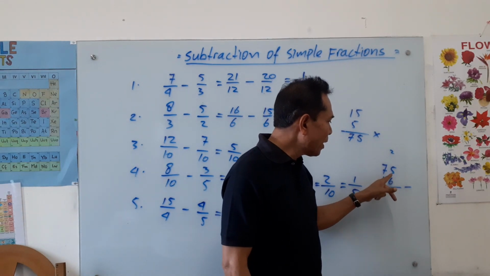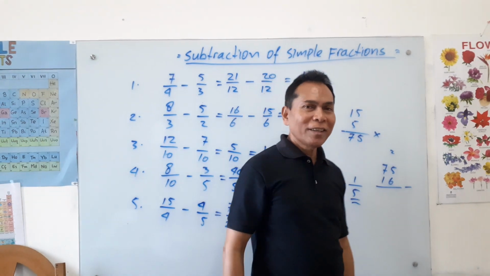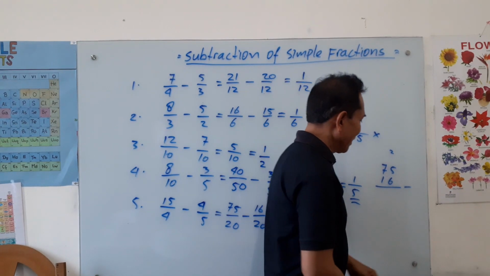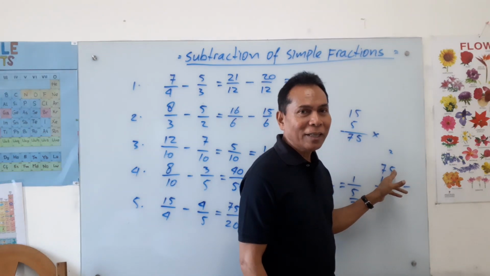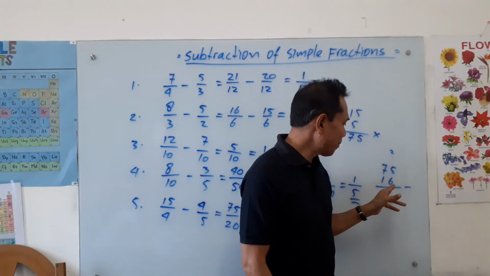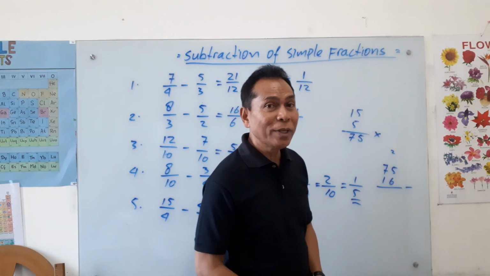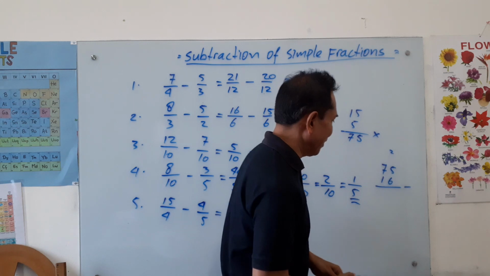So this 15. 15 minus 6 is, use your finger. If you want to use your finger, use your finger. Don't press the calculator. But remember that there is a number, if you add with this number here, 6, you get 15. So it should be 9. 9 plus 6 is 15.